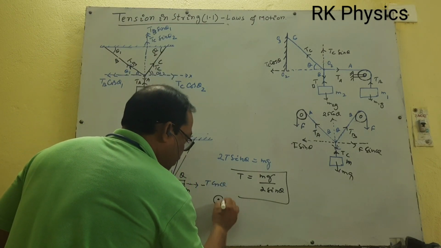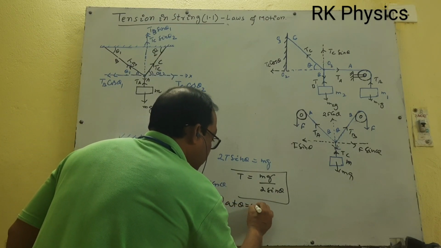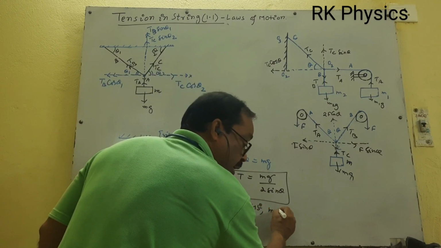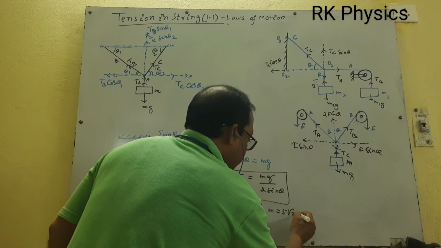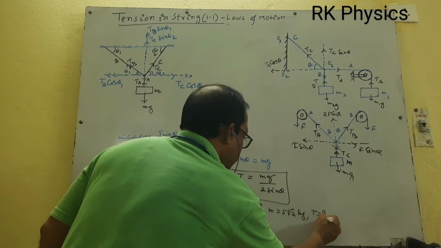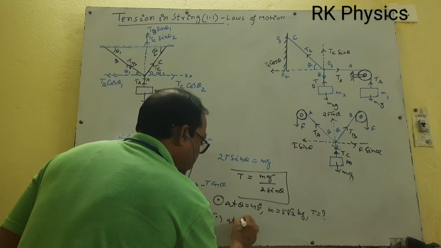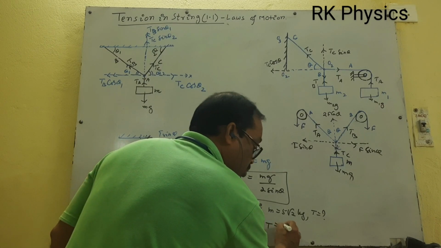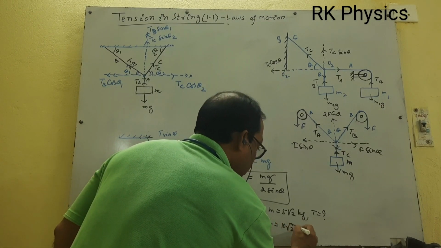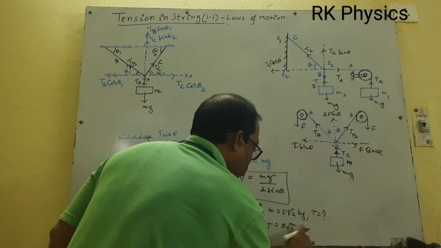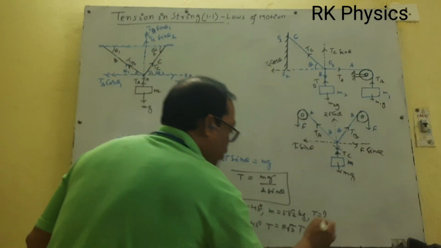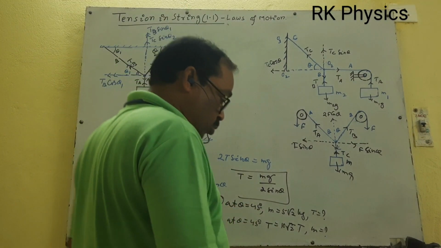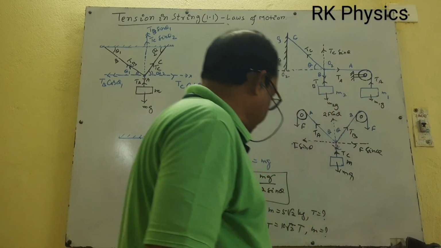Now, as a problem for you, take theta equal to 45 degrees. If m equals 5 root 2 kg, find T. Second, at the same angle of 45 degrees, if T equals 10 root 2 kg, find m, the mass required to provide equilibrium in the situation.